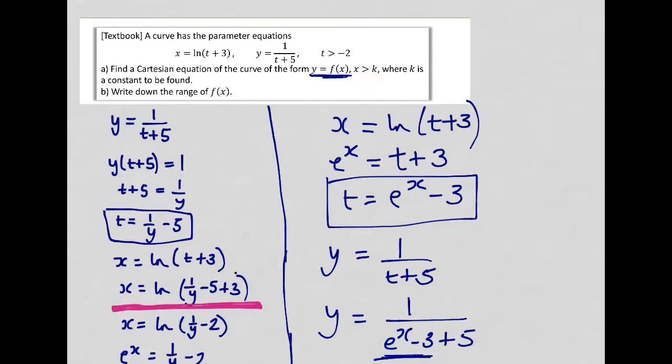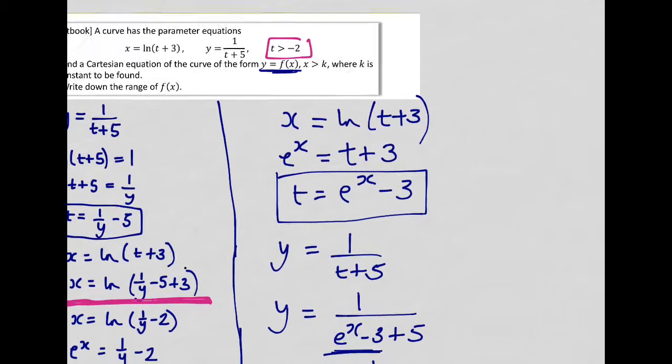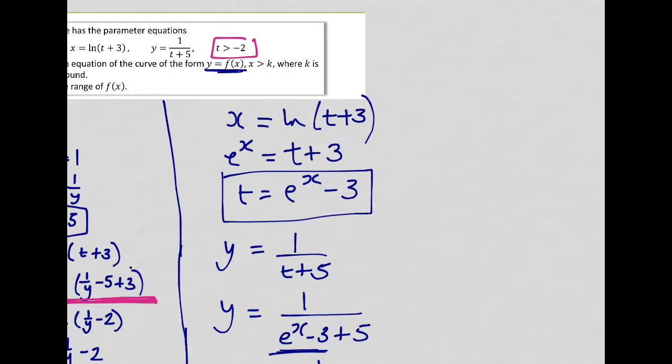X has got to be greater than a particular value, and you need to find that. Well, from the question, I can see that t has got to be greater than -2. So if t has got to be greater than -2, then putting that information into x equals the natural log of t add 3, which is our equation linking x and t.